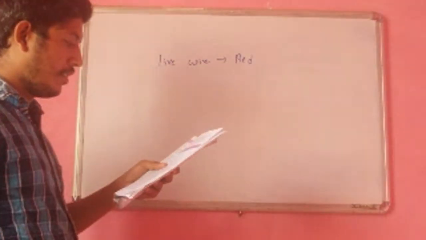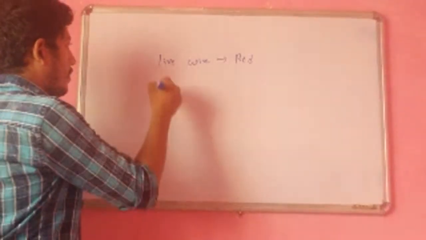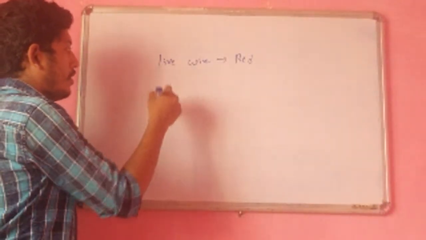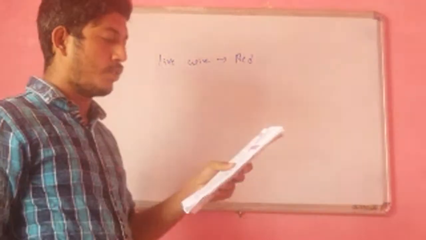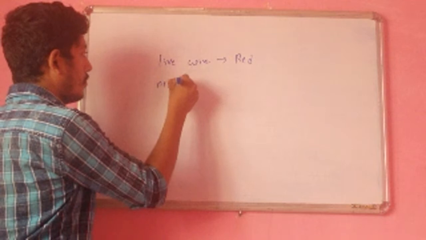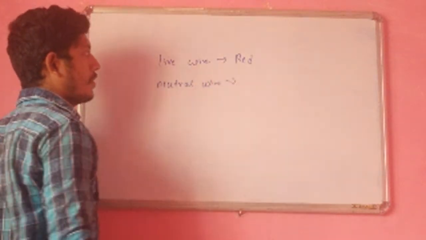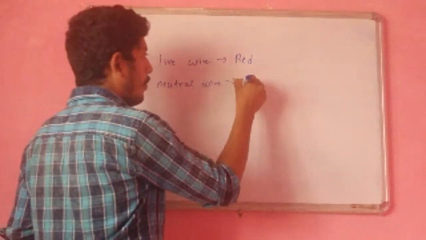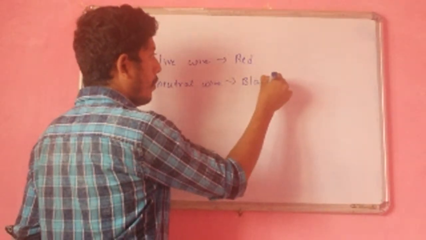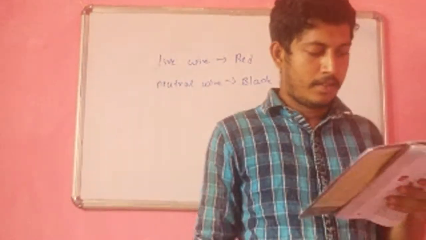And next, another wire with black insulation is called neutral wire. It is insulated with the help of color black. Wire with black color is called neutral wire.